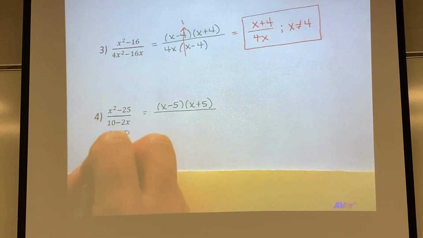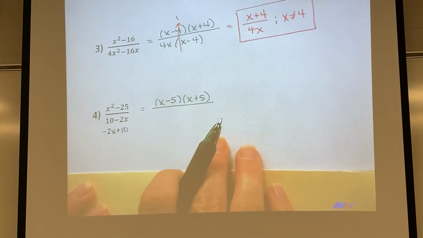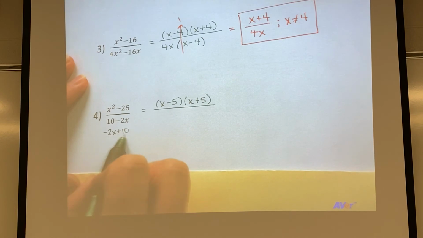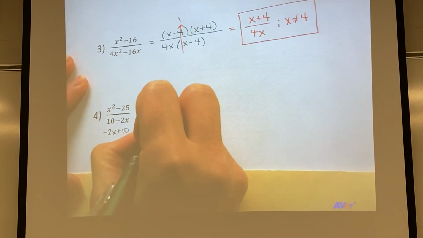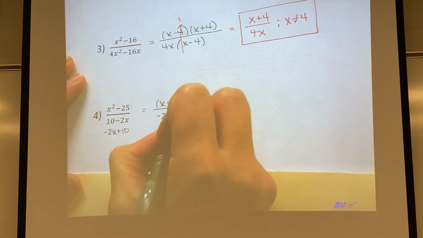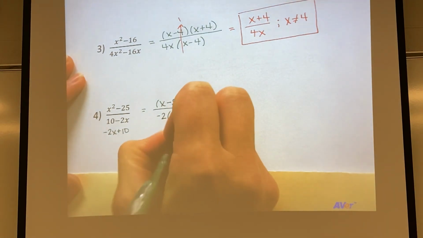The negative goes with the 2, the 10 is positive. So I'm going to use it this way. And I'm first going to look for a GCF. So it looks like negative 2 is our GCF. Okay, so negative 2 would leave an x minus 5.